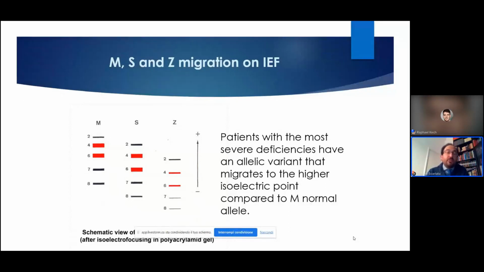Just to give you an example, you can see how, with regard to the M variant, the S variant provides a migration toward a higher isoelectric point, and the Z variant is even more located in higher isoelectric points.